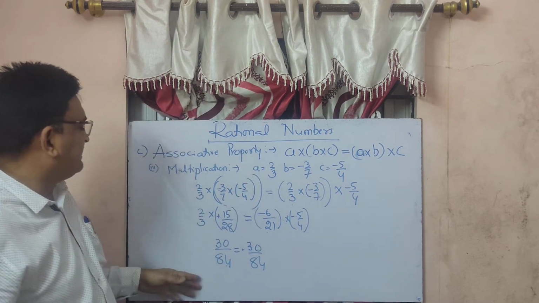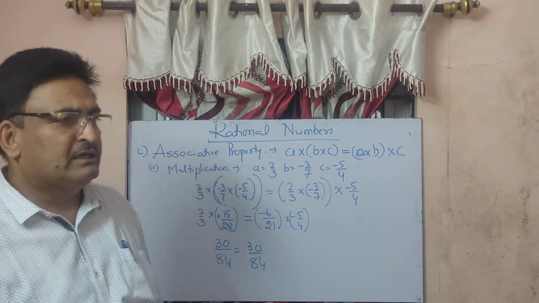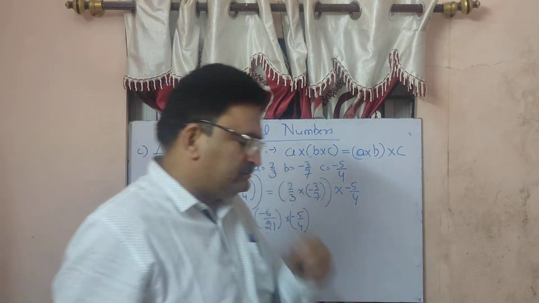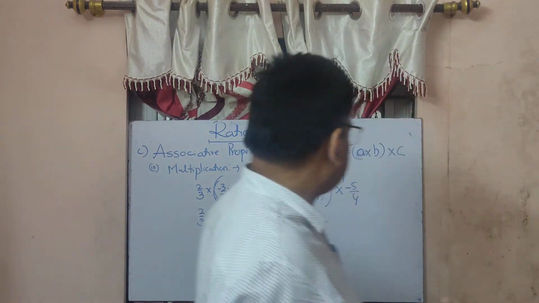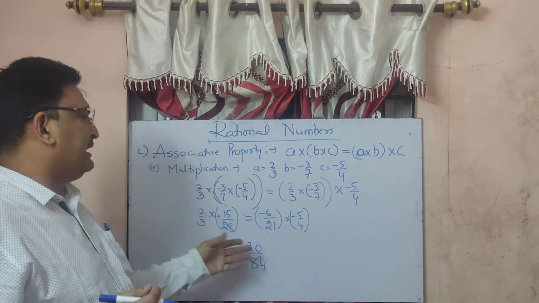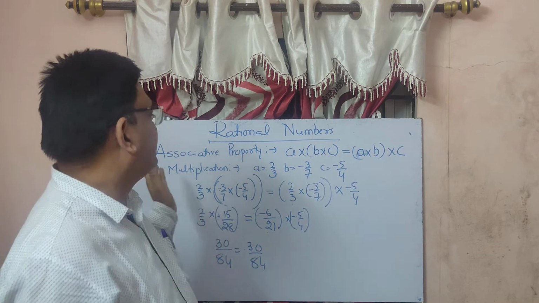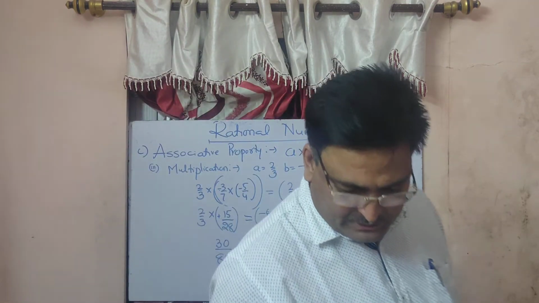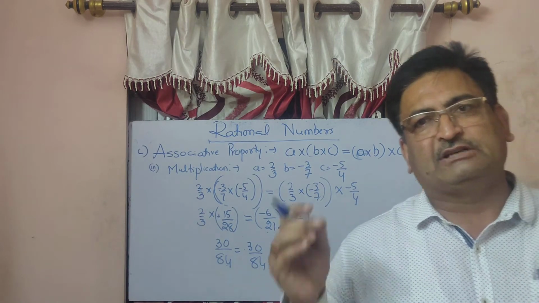So by looking at these numbers, you can easily say LHS equal to RHS. So what does it show? It shows LHS equal to RHS. It means associative property holds. Multiplication is associative.